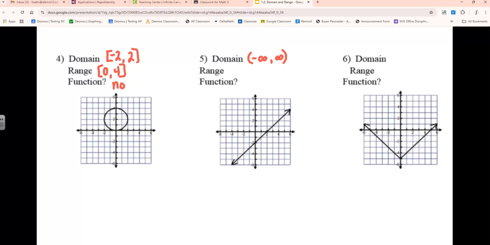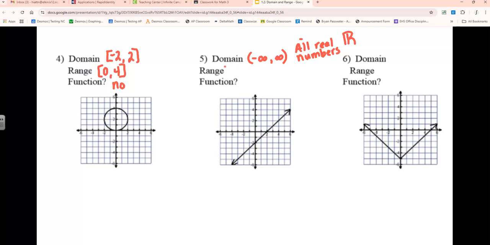But if you like math symbols like I do, then there is also this symbol right here that you can use. Negative infinity to positive infinity is also called all real numbers. And it has a lovely symbol for it. If you draw this R that has like a double bar right there, that means all real numbers.